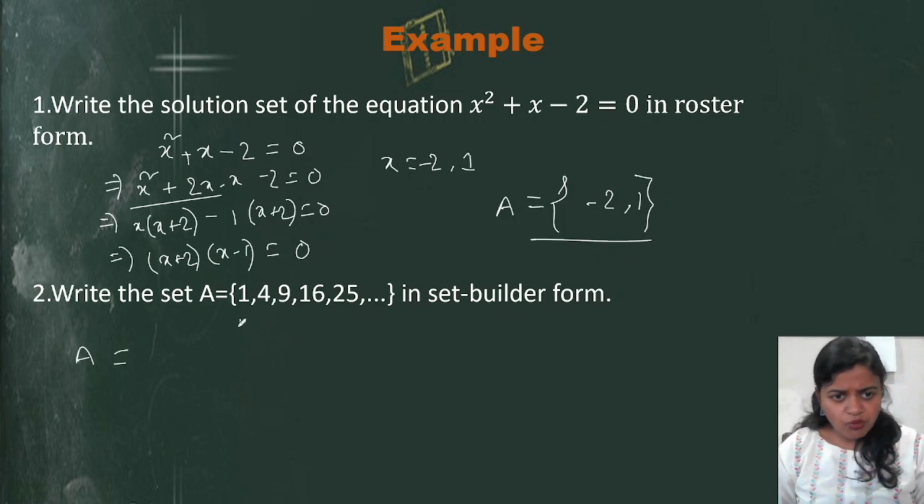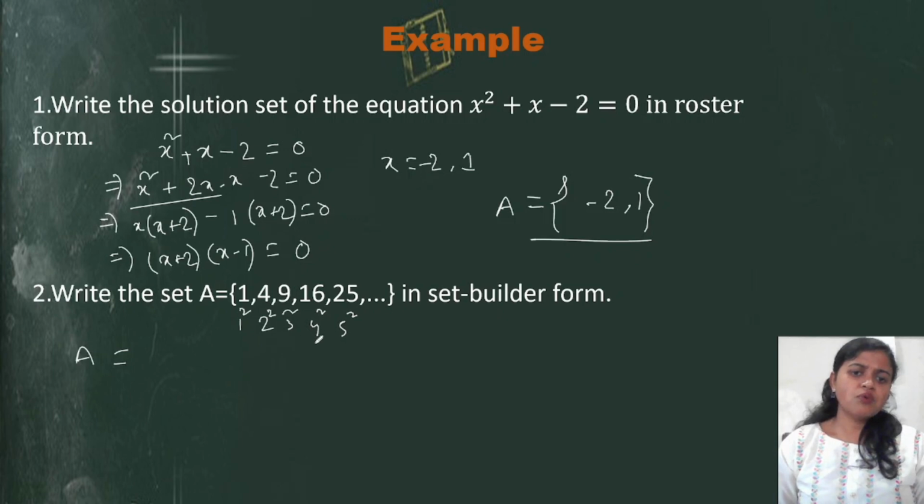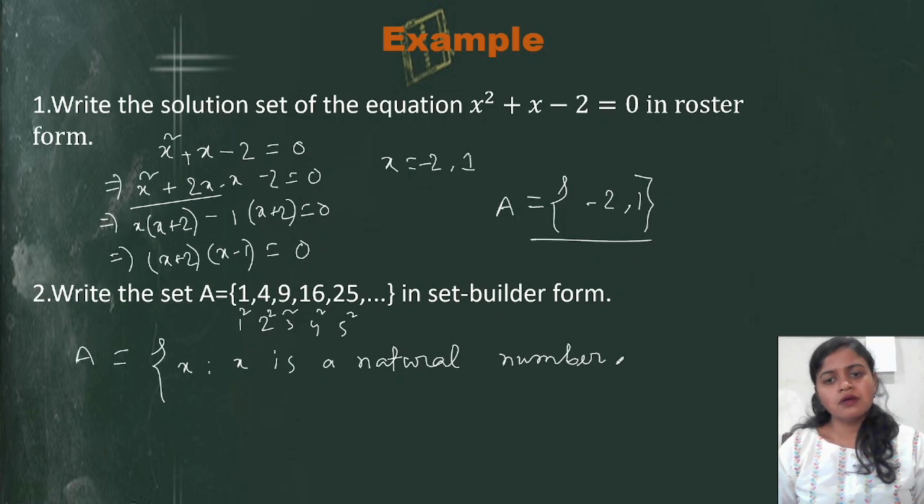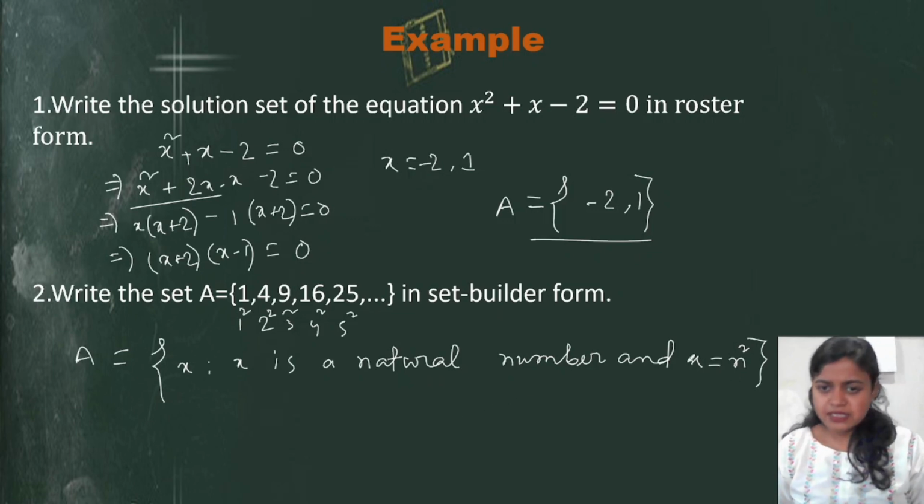Can you remember, here 1 is 1 square, 4 is 2 square, 9 is 3 square, this is 4 square and this is 5 square, and so on. There is no limit. So you can write x such that x is a natural number and x equals n square.